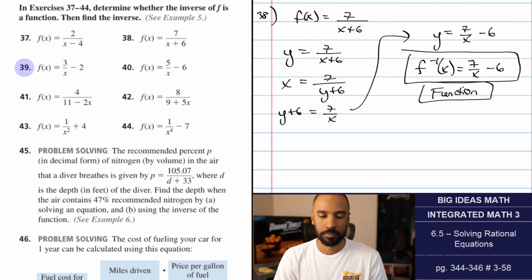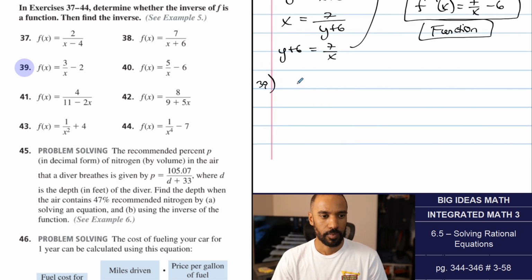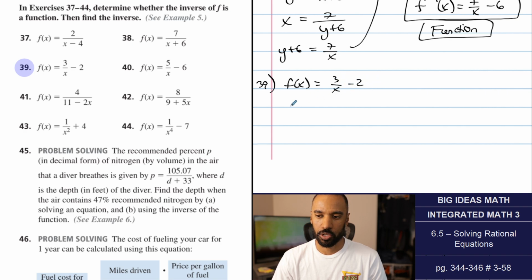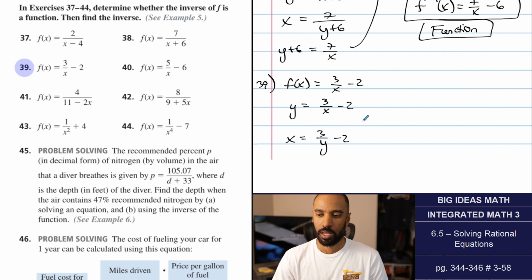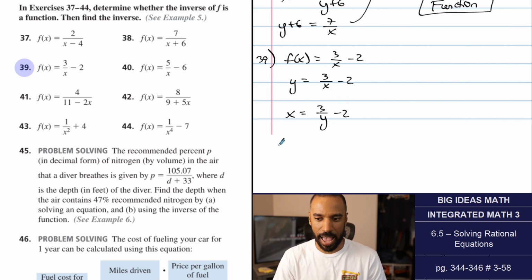Number 39. F of x equals 3 over x minus 2. Y equals 3 over x minus 2. Swap x and y. X equals 3 over y minus 2. I don't want to multiply by y yet just because that minus 2 is in the fold. I got to add this 2 over before I do anything like that.